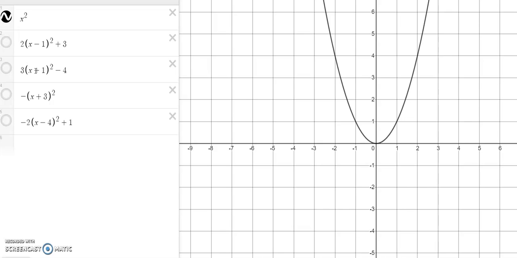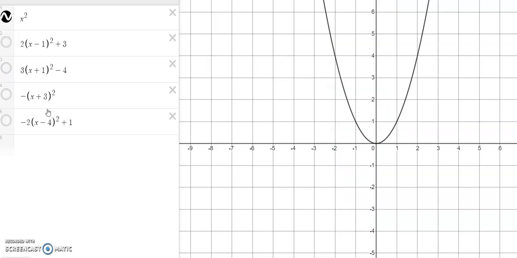So taller, left by 1, and then a minus 4 on the outside is going to take us down 4. So we're going to go left 1 and down 4, and we're going to be more narrow. So left 1, down 4 should be right here, and it's going to be more narrow than the original picture. Let's test it out. There we go, left 1, down 4, and we can see that it's more narrow. It's actually taller, but it looks more narrow.